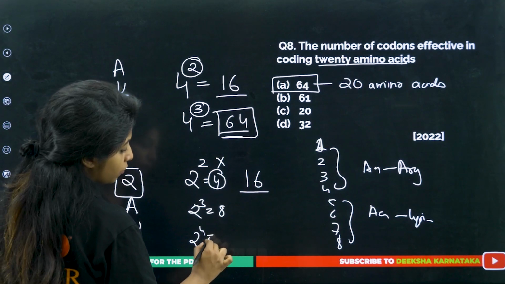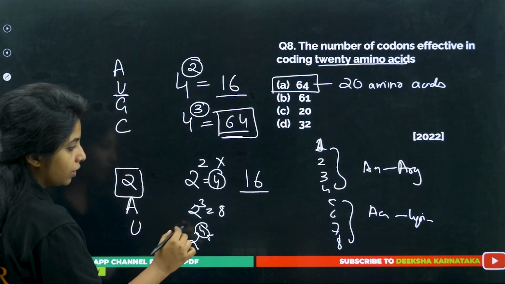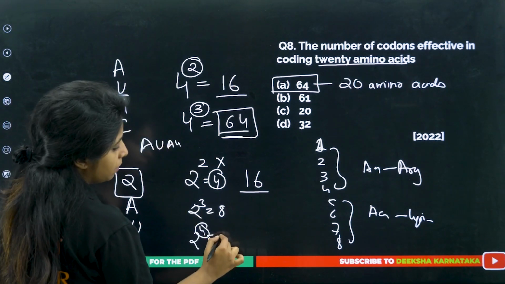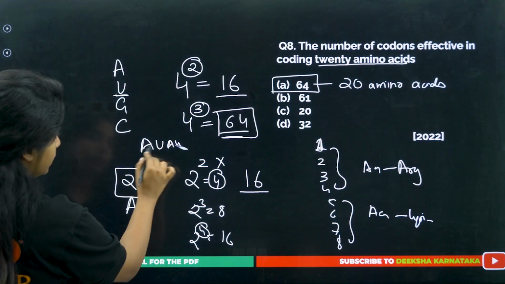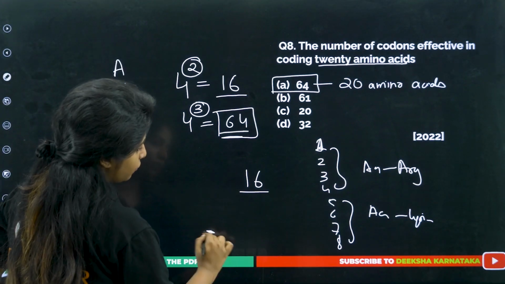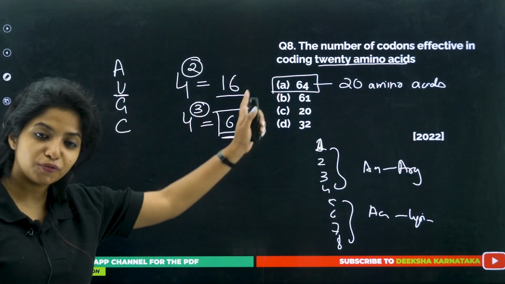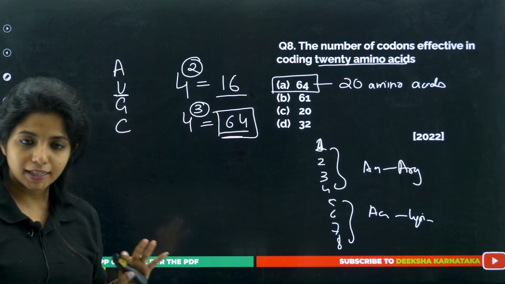If they come in the number of 4, for example AU, AU, it will be able to make 16. But I don't want to go into detail like that, it might lead you to confusion. As of now, you can just remember this is given in your NCERT as well. So 64 is the answer. We have 64 codons, including the stop codons and things like that.